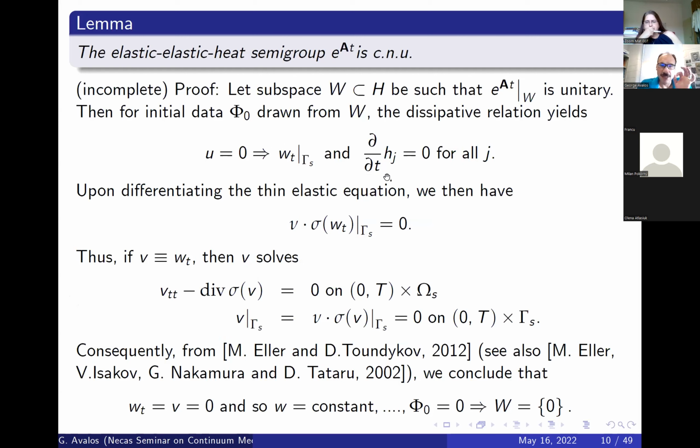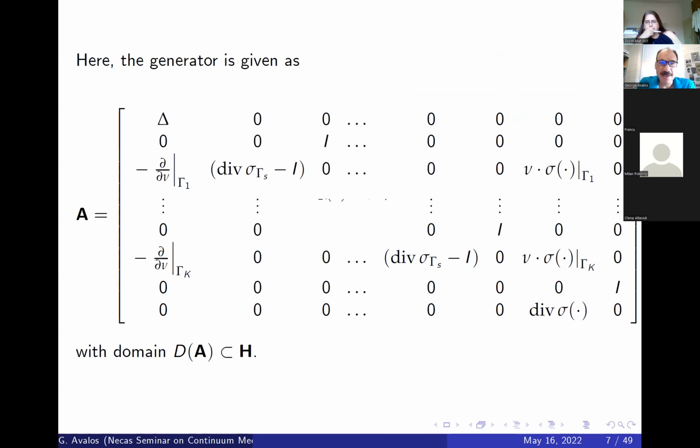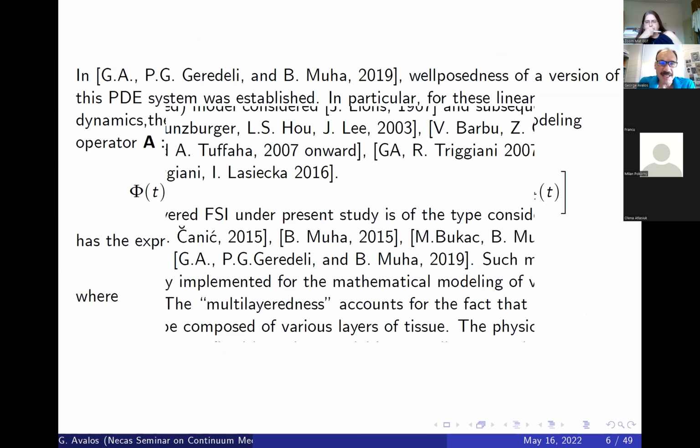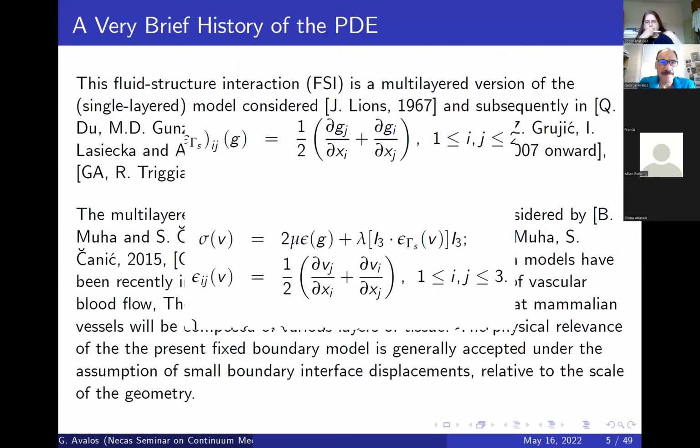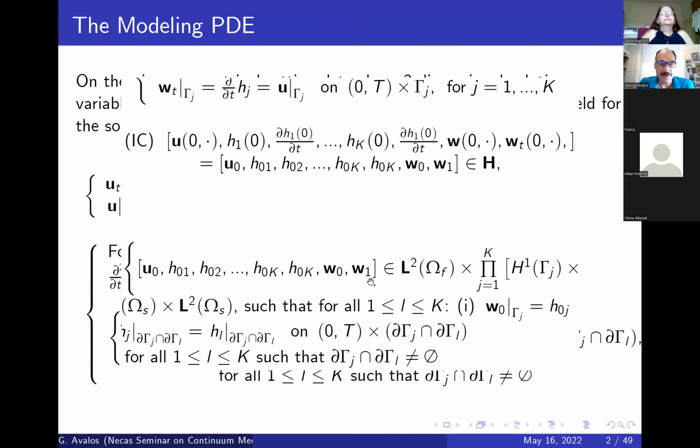And so, mindlessly differentiating in time, we obtain that this flux term is 0. Why is this flux term 0? Because recall its appearance in the skinny elastic equation is as a forcing term. This guy is 0 since the temperature is 0, so the skinny wave is 0. So upon differentiation, the flux of the velocity is 0.